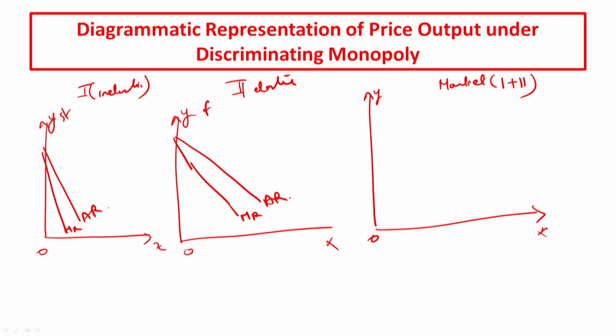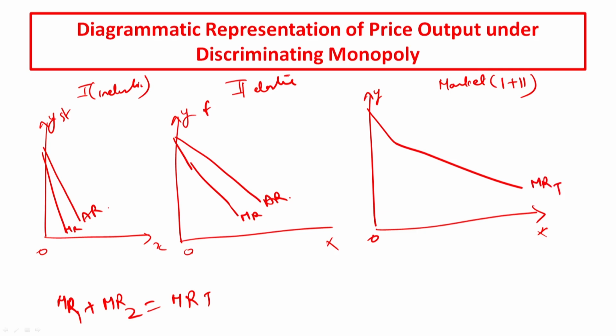When you combine the marginal revenue of market one plus the marginal revenue of market two, you get the marginal revenue for the total market. It will go like this, then like this, and then like this. So, this represents the marginal revenue for the total market.